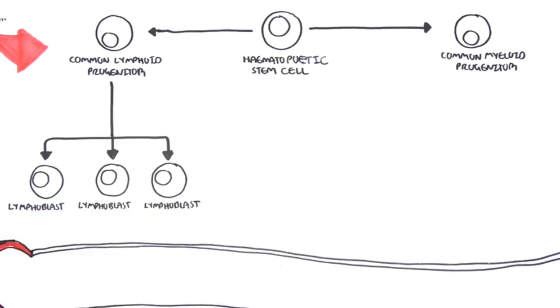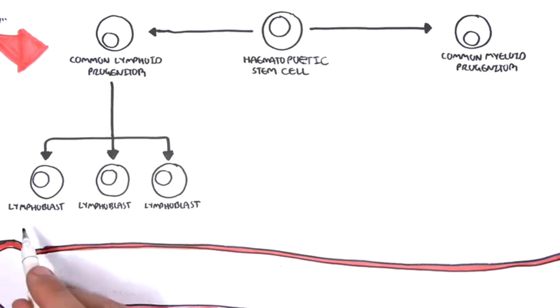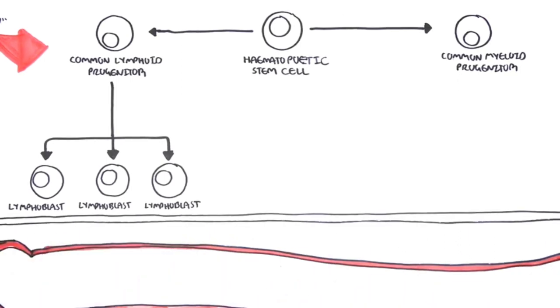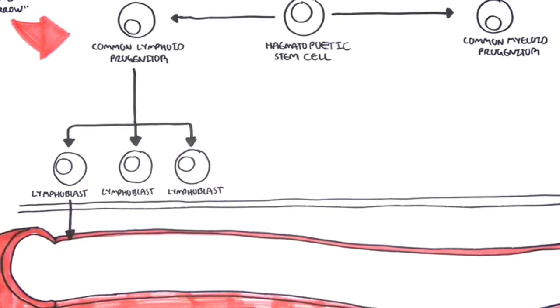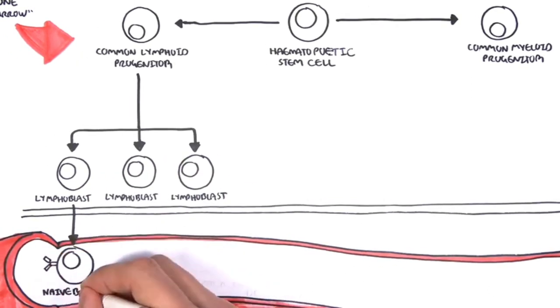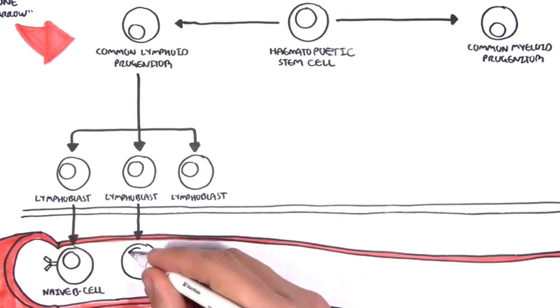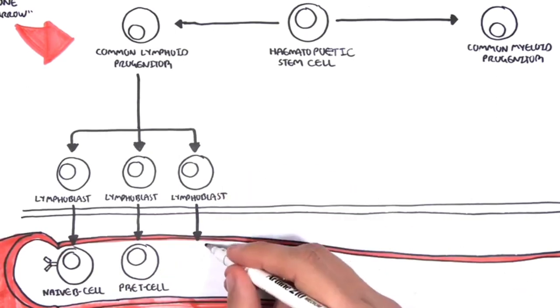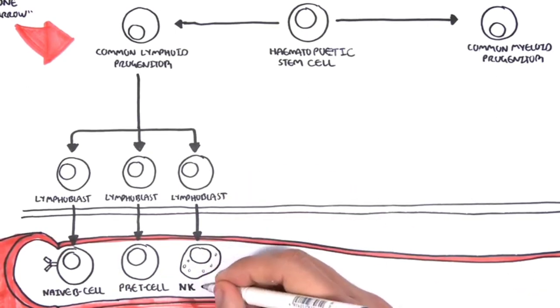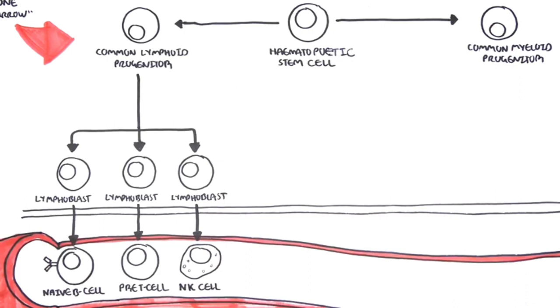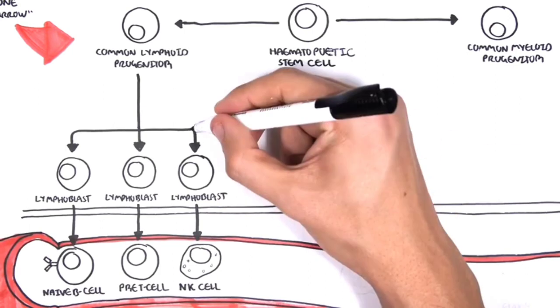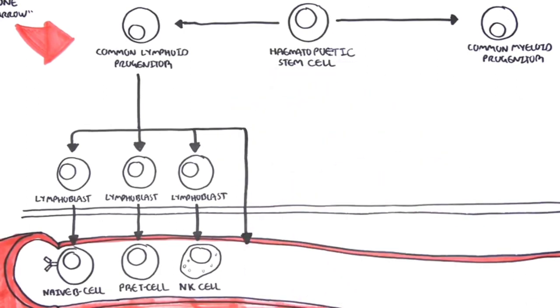So here I am just drawing the blood stream just as the cells exit the bone marrow and enter the blood circulation. These different lymphoblasts with different genetic profiles will become either naive B cells, pre-T cells or natural killer cells. Also, common lymphoid progenitor cells can differentiate into certain kinds of dendritic cells.